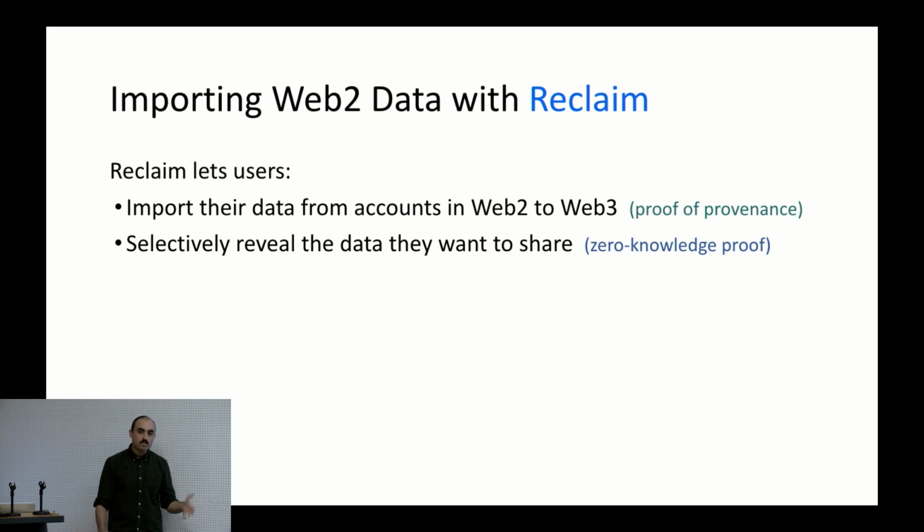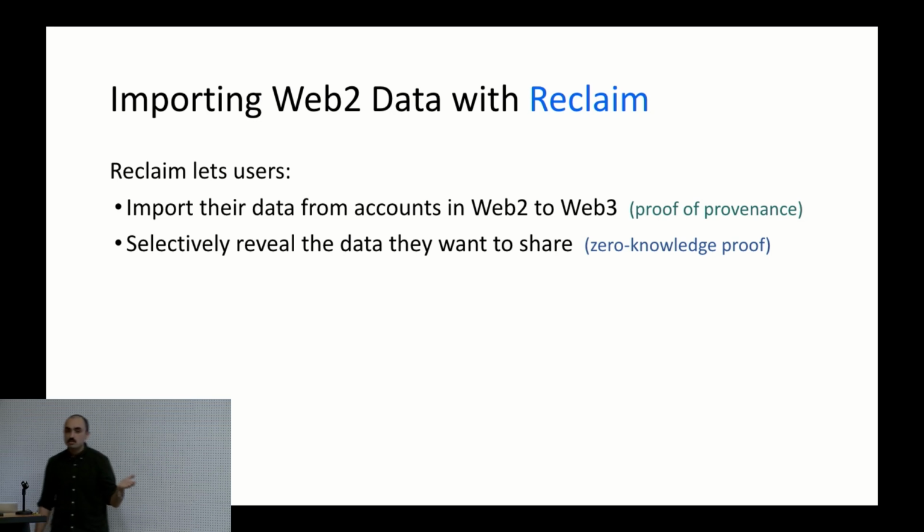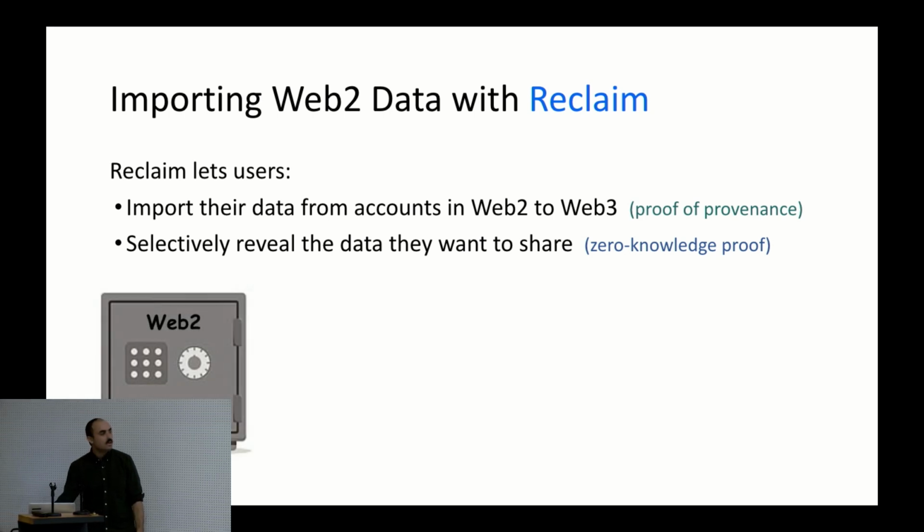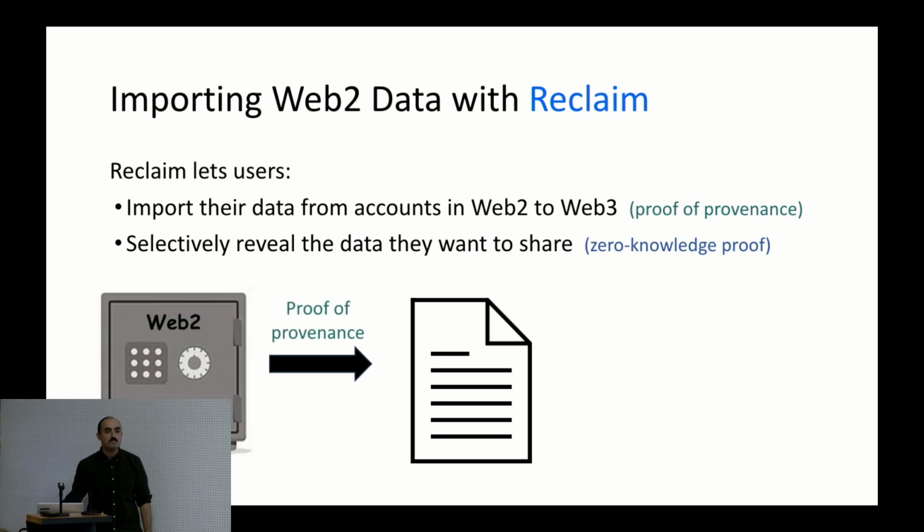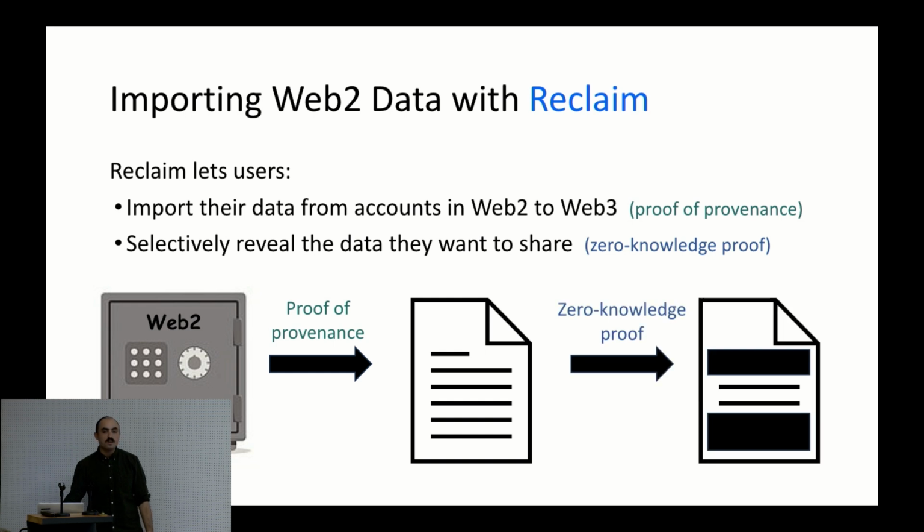So if you want to only share part of your web page or just show that you're at least 18, but not reveal your actual age, that's the zero knowledge proof part of it. So we have this giant vault of Web 2 data, and we're going to import it in. So that's just the technology on the back end.